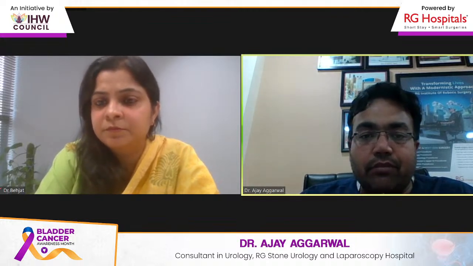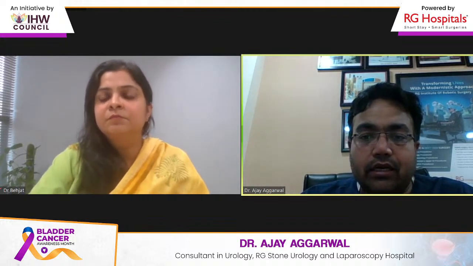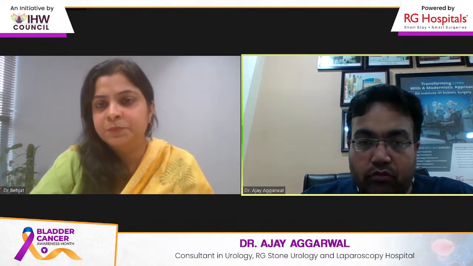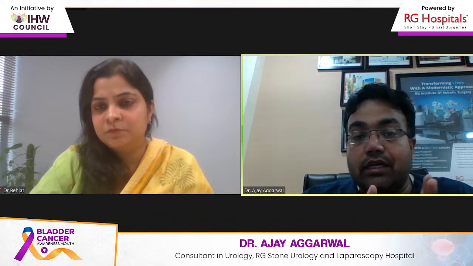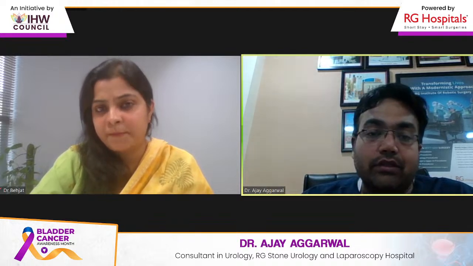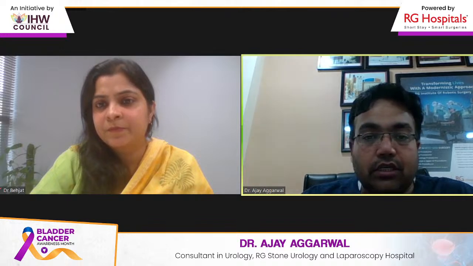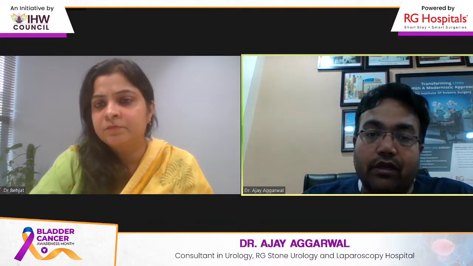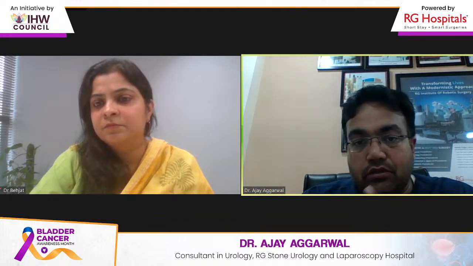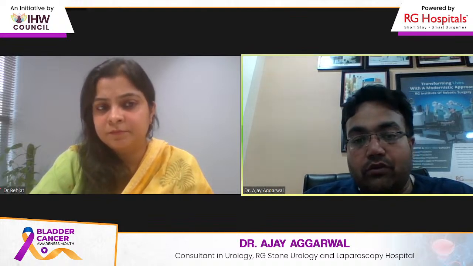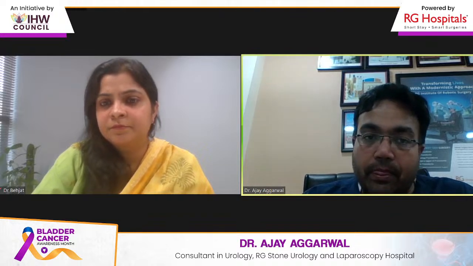But this classical triad is not found in all patients; in some patients it is found. So the diagnosis relies on history, clinical examination and investigations. After this, we diagnose renal malignancies.